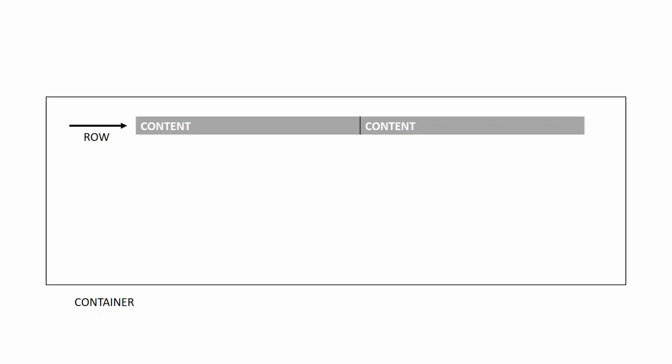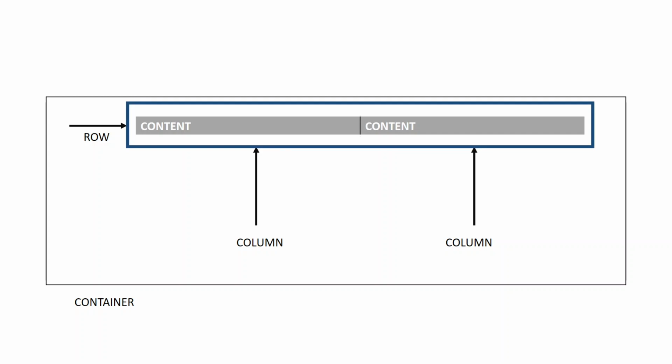These rows and columns are placed inside the container class. So you can say this container class is like the parent class. So here we have our row and there we have our columns. And the rows are wrappers for columns, and your web content is placed inside these columns.